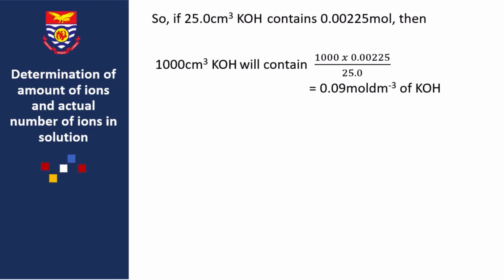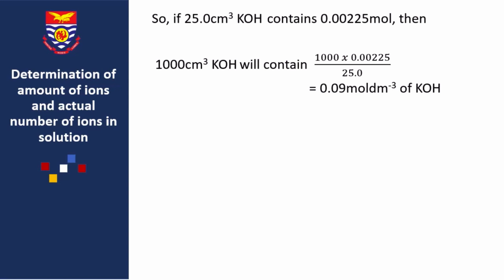That will be 1000 times the moles, which is 0.00225, over 25, which is our pipette volume, the volume of the base that we used, and that gives us 0.09 mole per decimeters cubed of the potassium hydroxide.